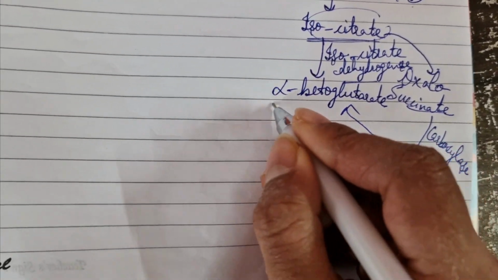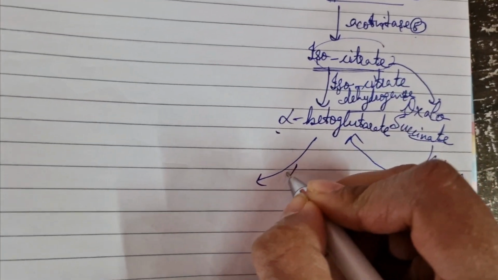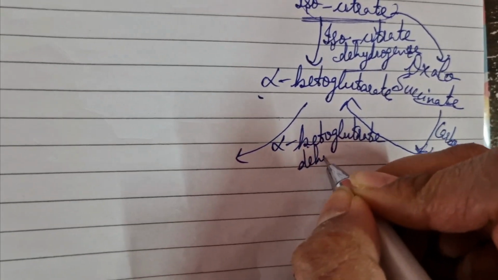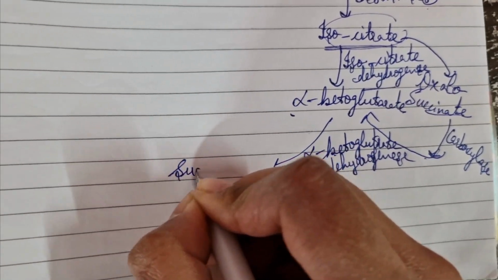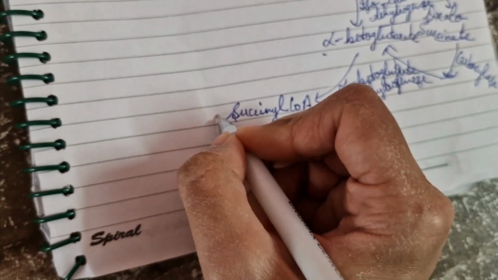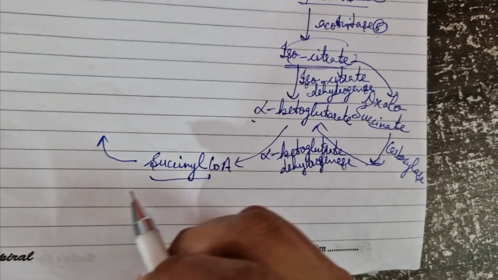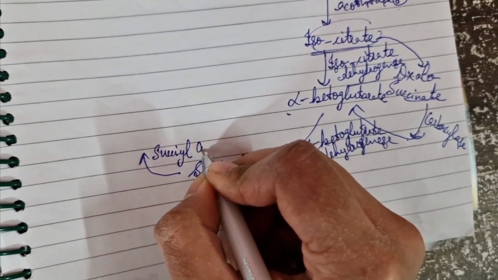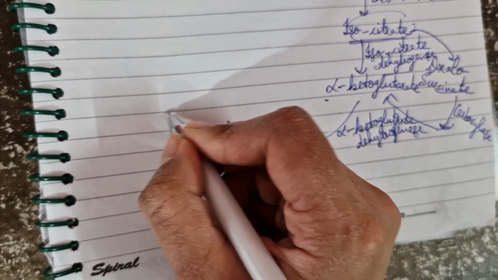Now, this alpha ketoglutarate in the presence of enzyme alpha ketoglutarate dehydrogenase gets converted into succinyl coenzyme A. Now this succinyl coenzyme A in the presence of the enzyme succinyl coenzyme A synthase gets converted into succinate.